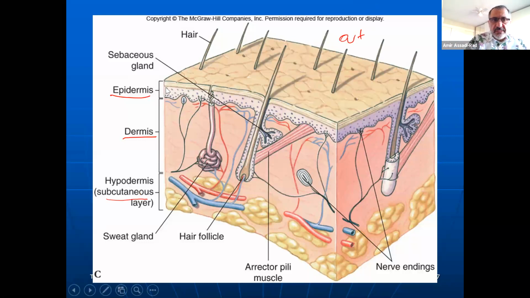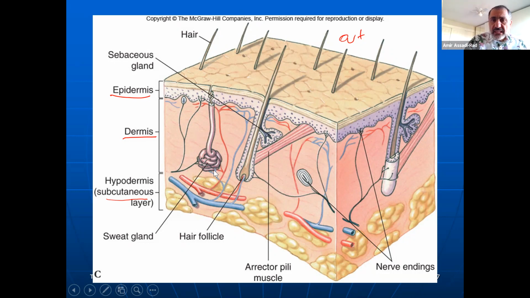So the epidermis is made up of cornified, stratified squamous epithelial tissue. And then underneath of that, right here, the dermis is made up of dense, irregular connective tissue. And then underneath of that, as soon as you see fat cells, adipocytes, that's subcutaneous or hypodermis.